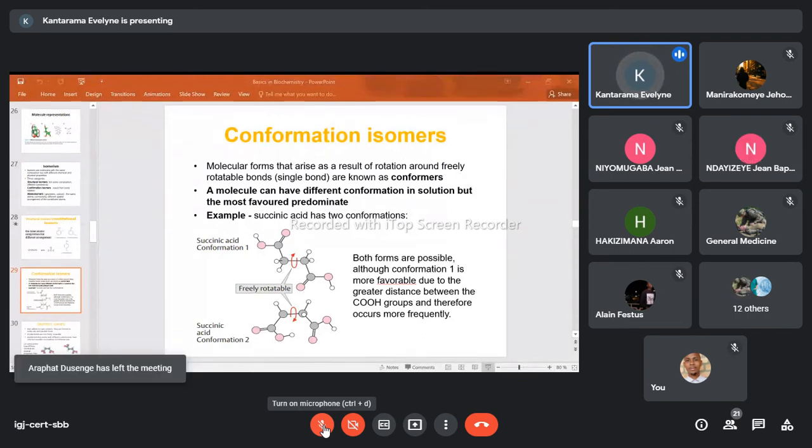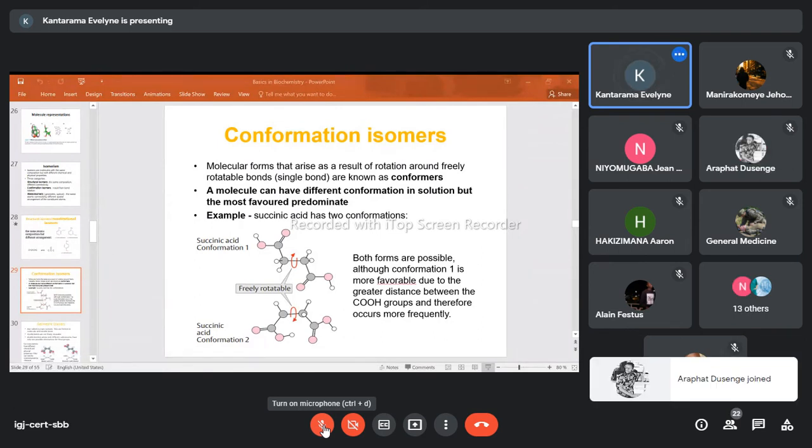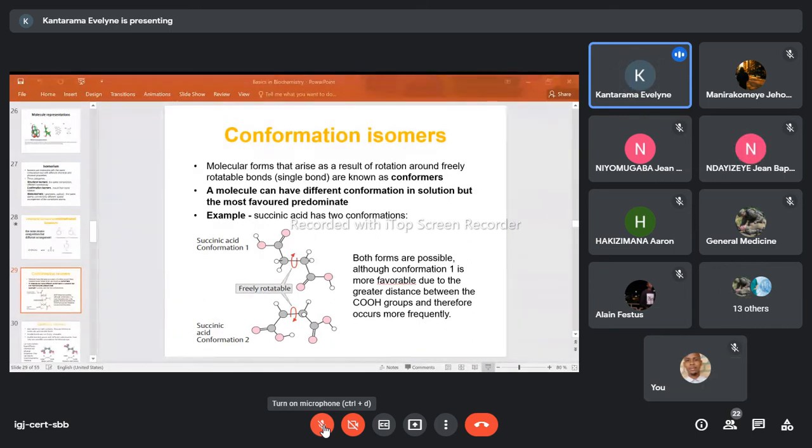This one is possible, but not favorable compared to this one because of this hindrance. If I can say it en français, it is called an encombrement stérique. It means there is a hindrance.